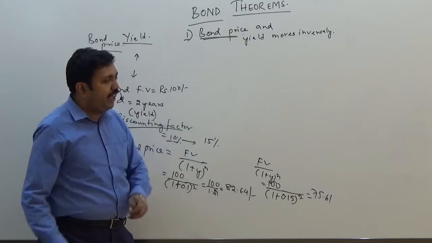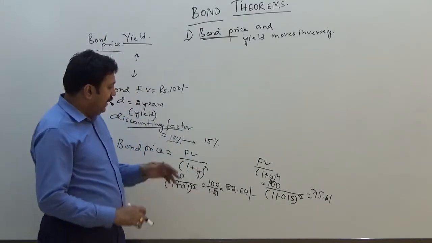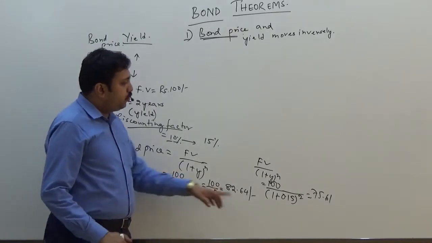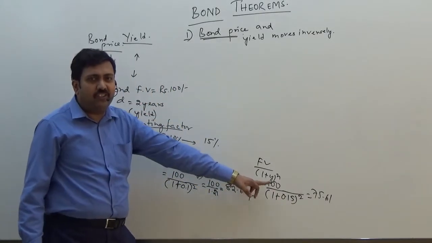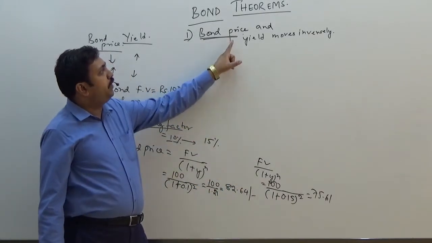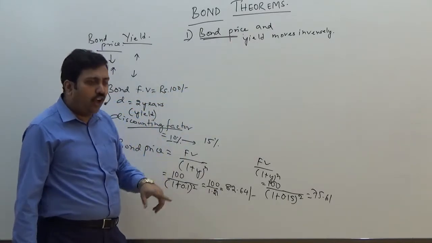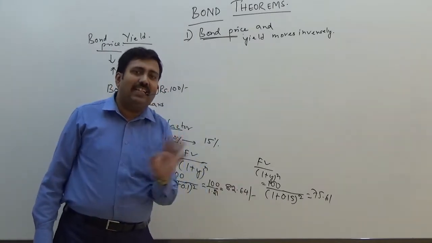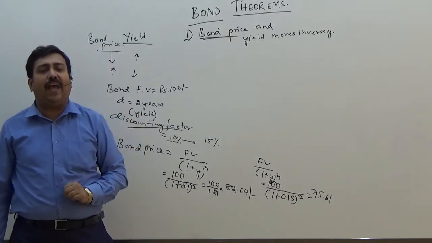This signifies that if I change the yield rate from 0.1 to 0.15, that is 10% to 15%, the effect on my bond price is that it has to decrease because my yield percentage has increased. That satisfies the first theorem that we have.